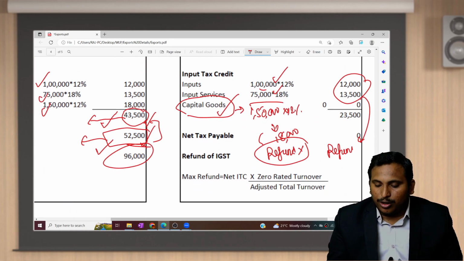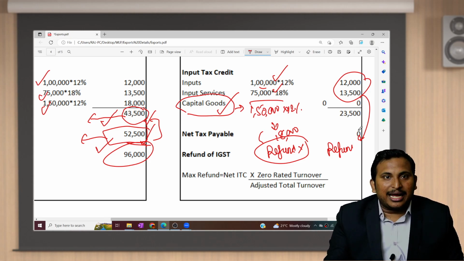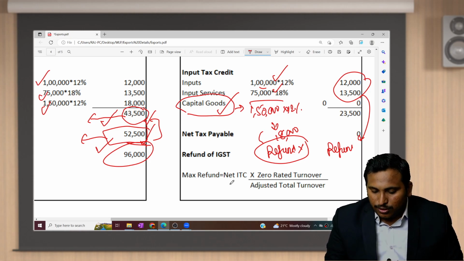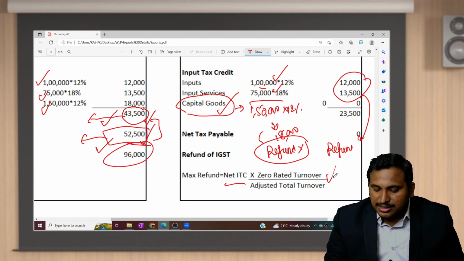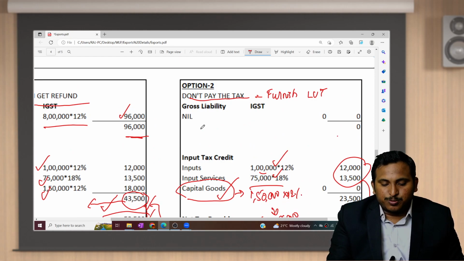But in option 2, you have to observe that when you have purchased any input service, when you have any ITC, you can get it as refund only with respect to export turnover. You cannot get it for zero rated turnover. So this is net ITC adjusted. Suppose export turnover is 8 lakhs, but liability is 0.